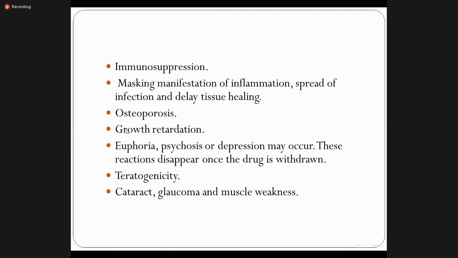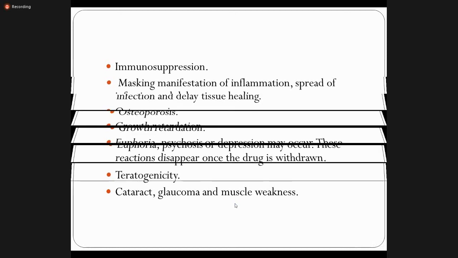Especially this side effect is very important when we are using glucocorticoids in children, right? These reactions disappear once the drug is withdrawn. Teratogenicity, cataract, glaucoma, and muscle weakness, right? So these are the other side effects that can occur due to the use of glucocorticoids.